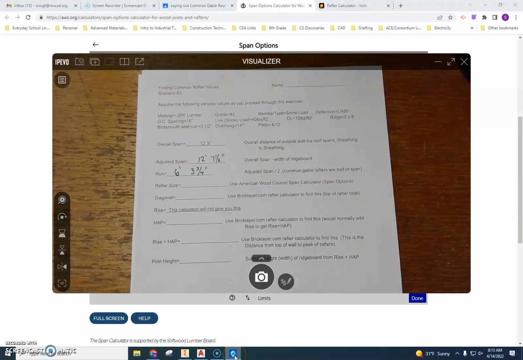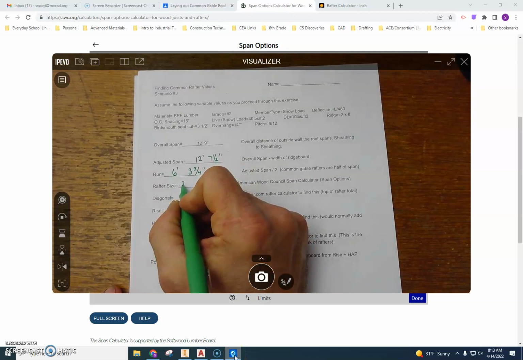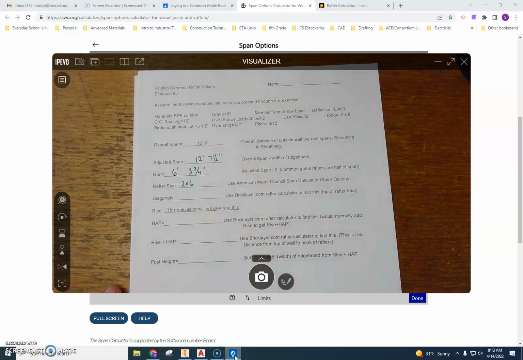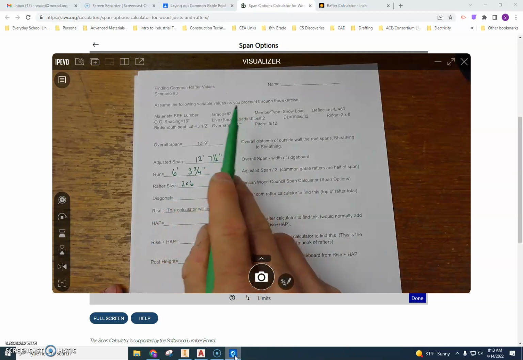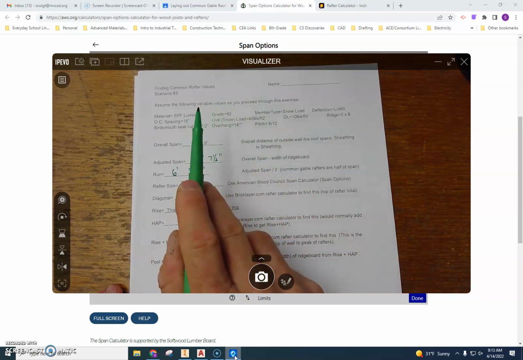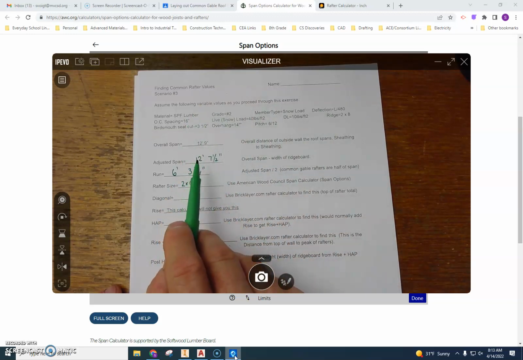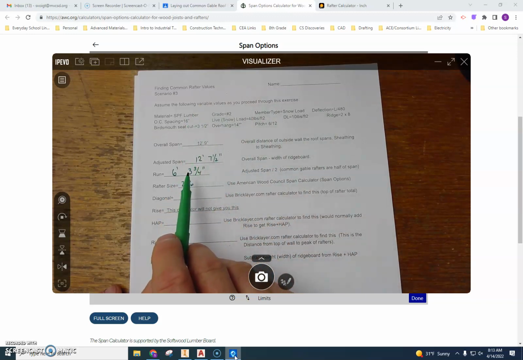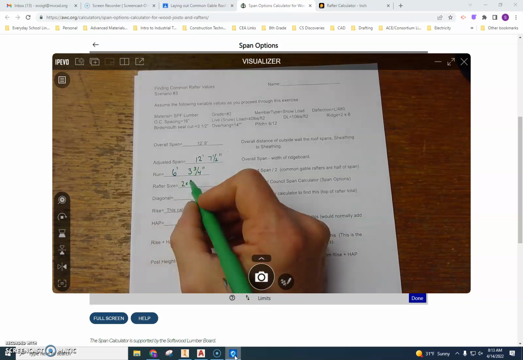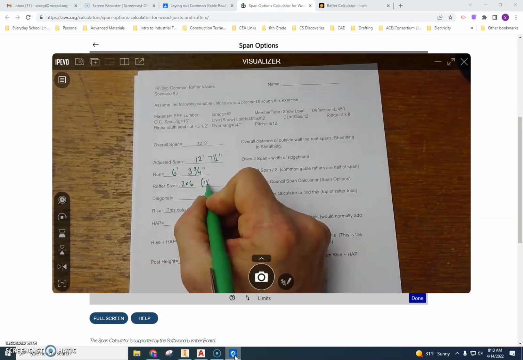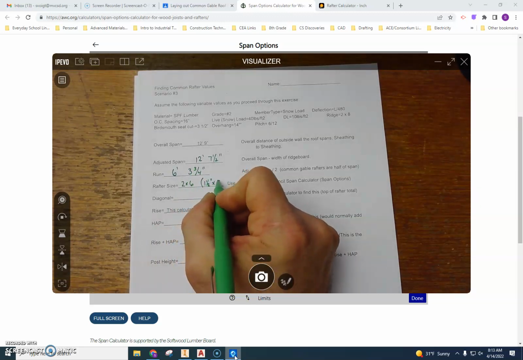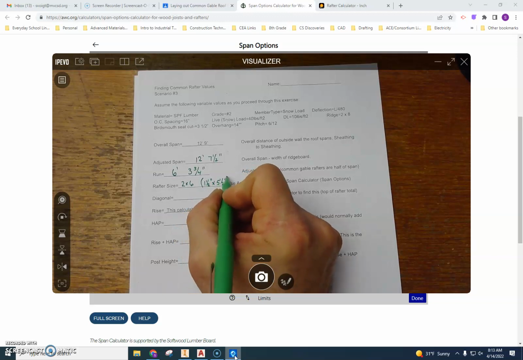So our rafter size has to be a 2x6 with those characteristics for this situation. For the run of our rafter, it has to be this size. It can be bigger, it just can't be smaller. And that is actually, remember, 1.5 inches by 5.5 inches.